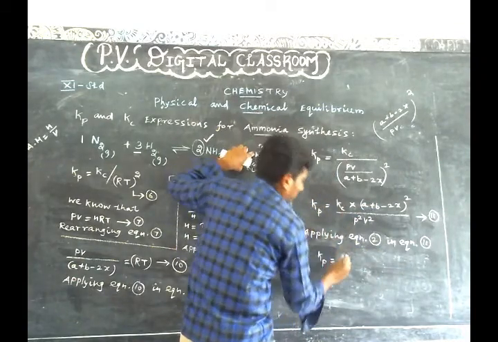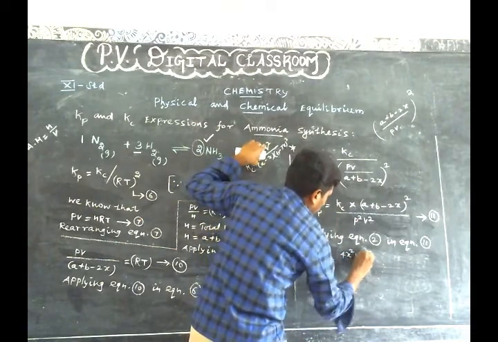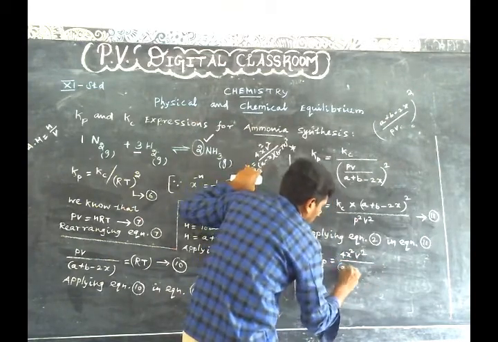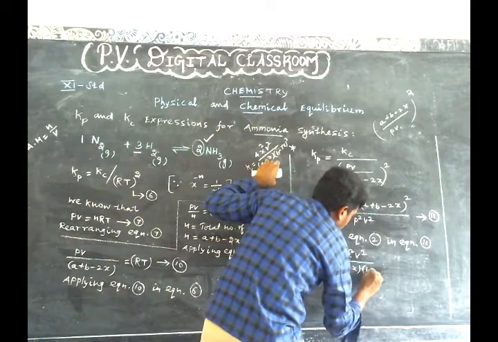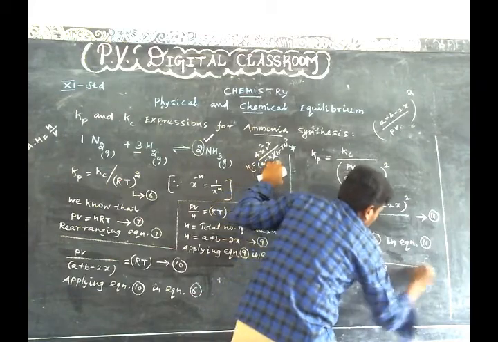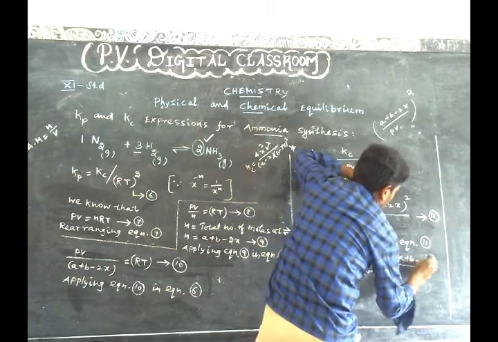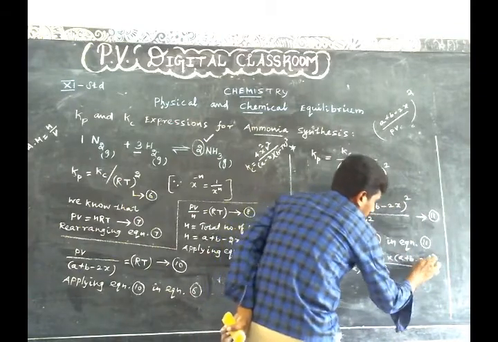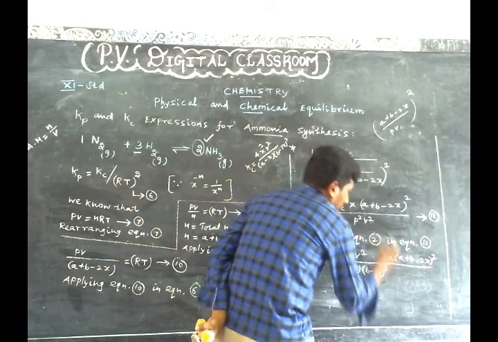Kc term is replaced by 4x square into V square divided by A minus x into B minus 3x whole cube, into A plus B minus 2x whole square, divided by P square into V square.